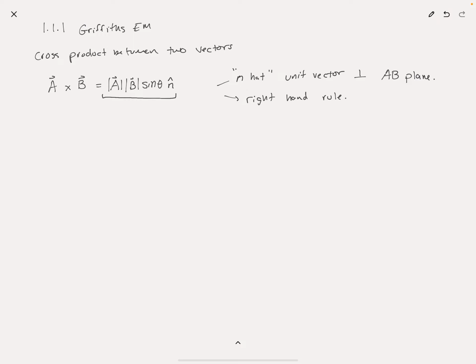So the cross product no longer yields a scalar, but it is now a vector. The vector rules are different. It is distributive. You can distribute this cross product, but it is not commutative. You can't reverse the order, right?